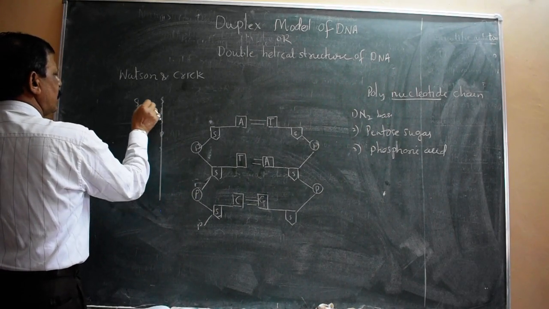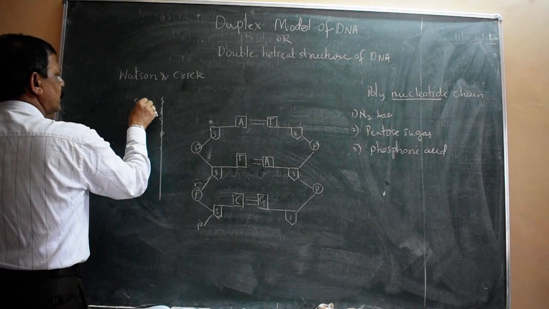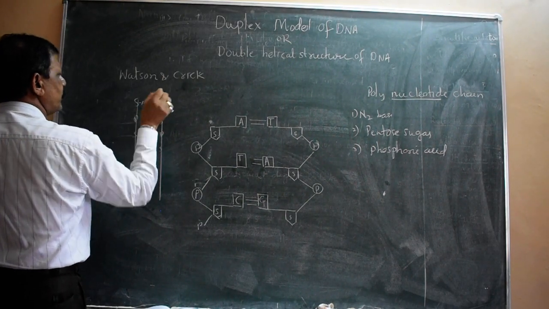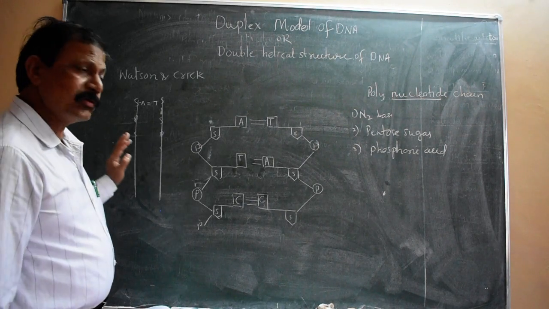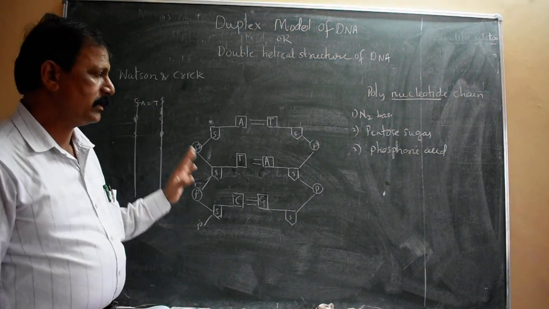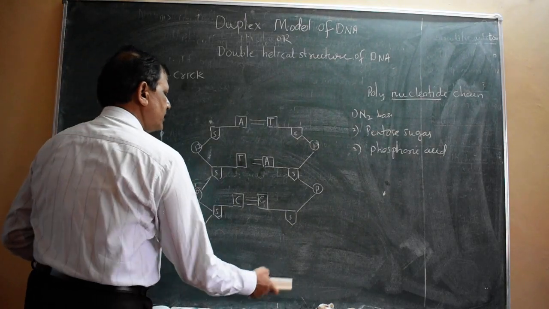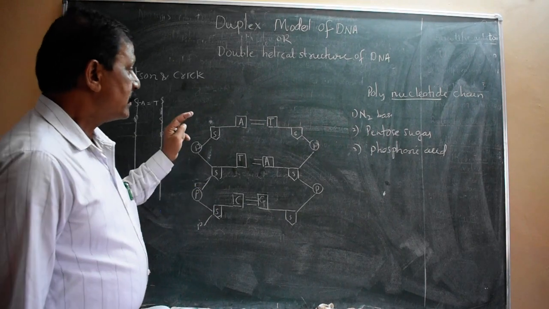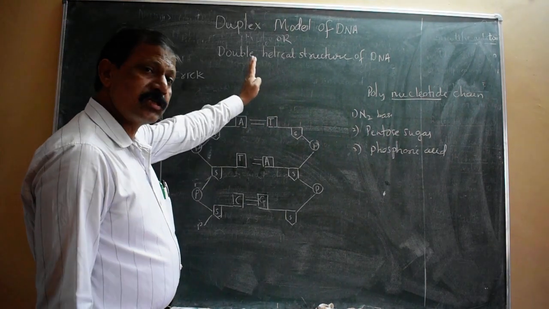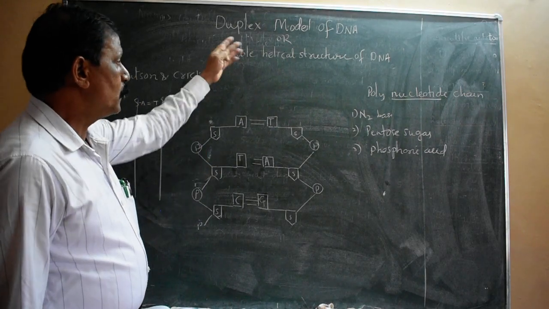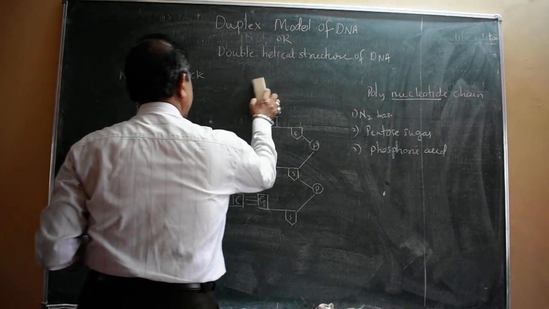The two strands are connected by hydrogen bonds: A double bond T, G triple bond C, C triple bond G. So what I gave just now is the double-stranded polynucleotide chain, as arranged in the duplex model of Watson and Crick.